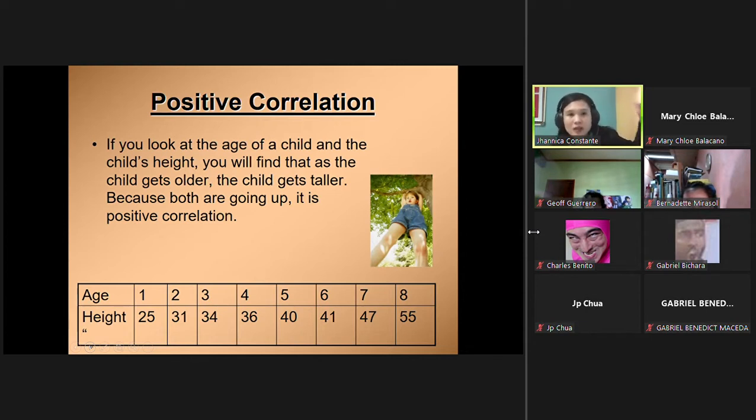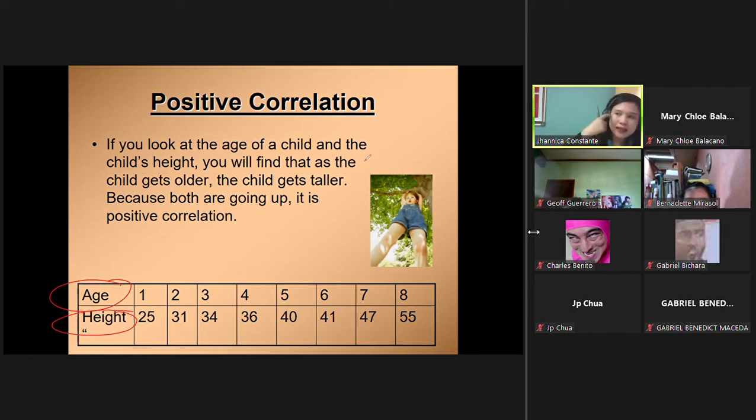So it's a positive correlation since both the age and the height are increasing at the same time. Once the age gets higher, the height is also going to get higher, getting taller. So that is what we mean by a positive correlation. Both the coordinates that you have in the set of data are increasing.